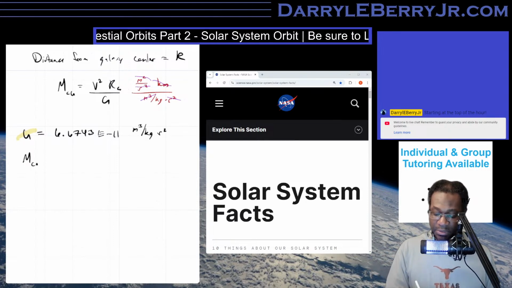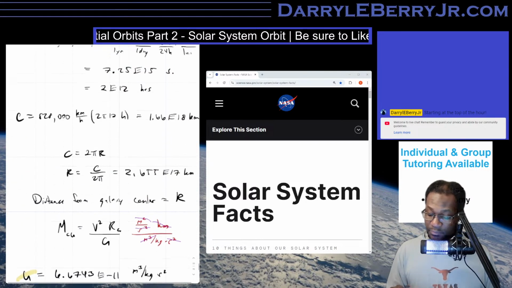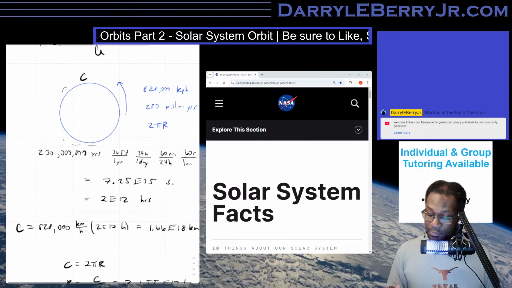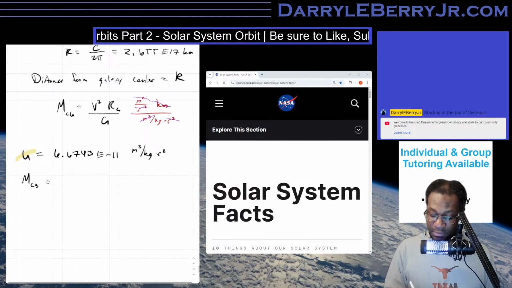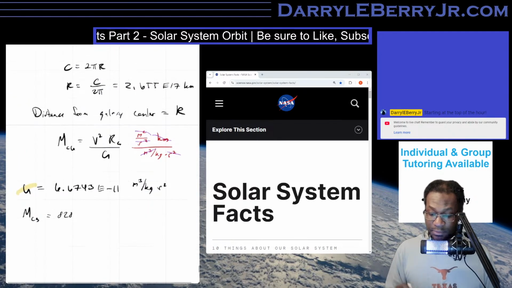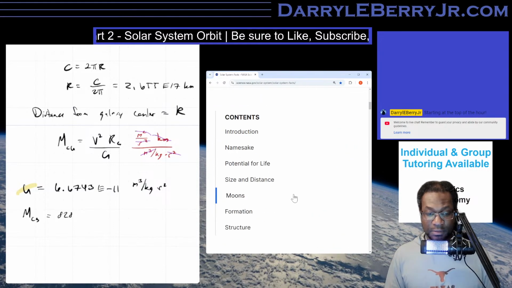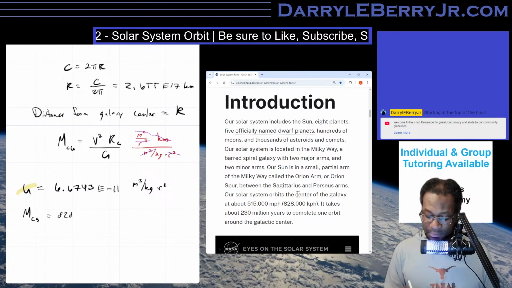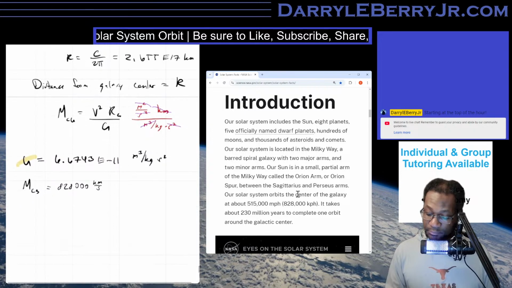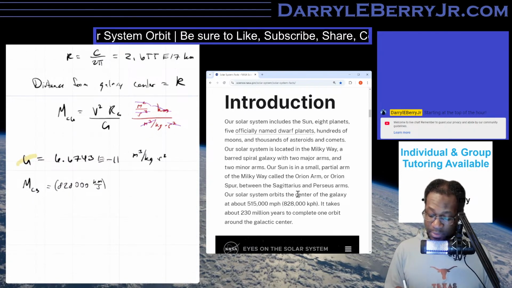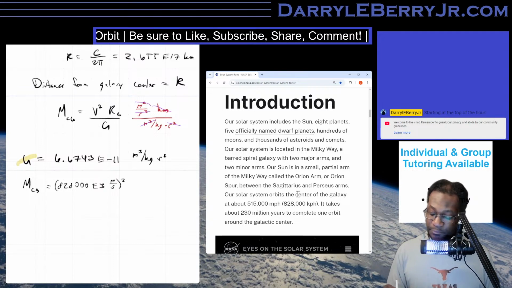So M_CG equals, and the velocity was 828,000 kilometers per hour, getting it from this site here. This is going to be squared. I have to remember to put 10 to the 3 to get meters per second squared.